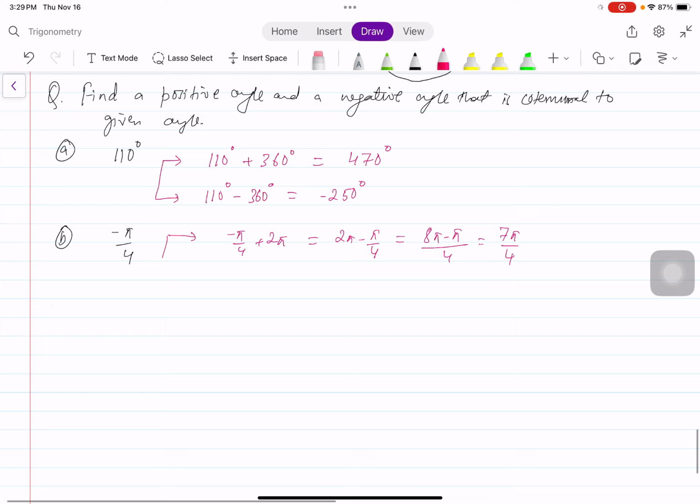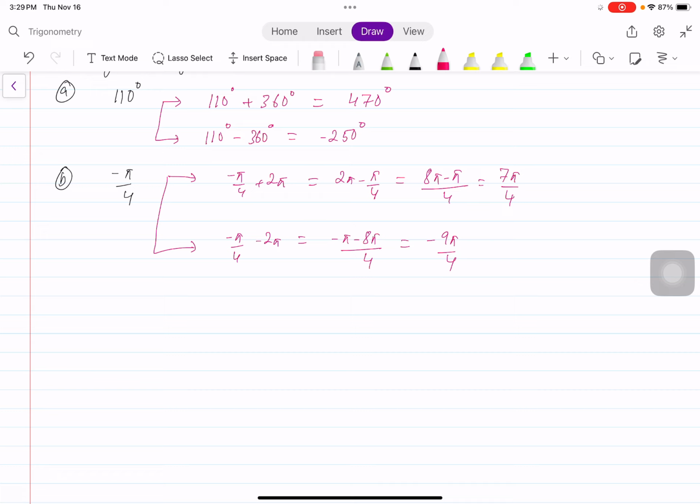Another angle can be obtained by subtracting 2 pi, which gives us negative 9 pi over 4. This is how we find the positive coterminal and negative coterminal angle.